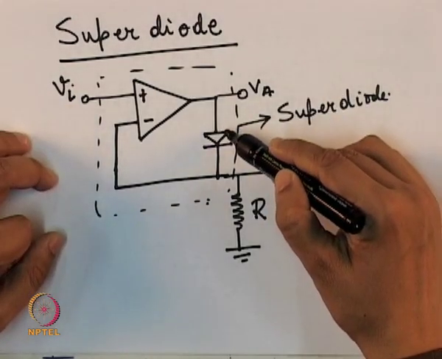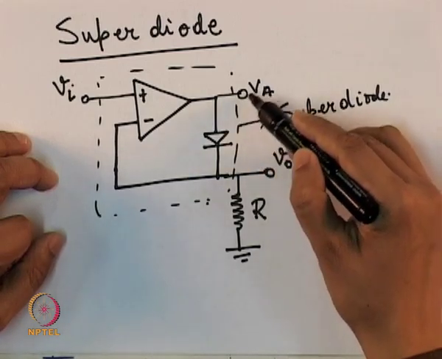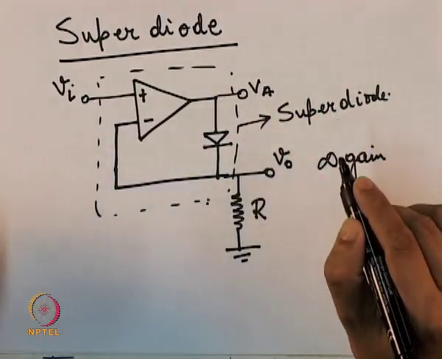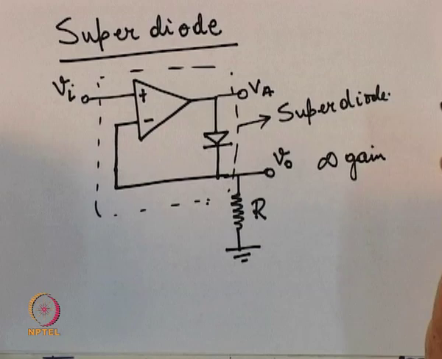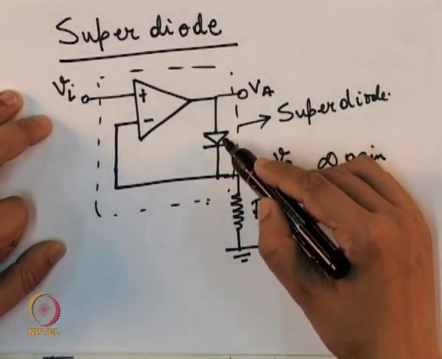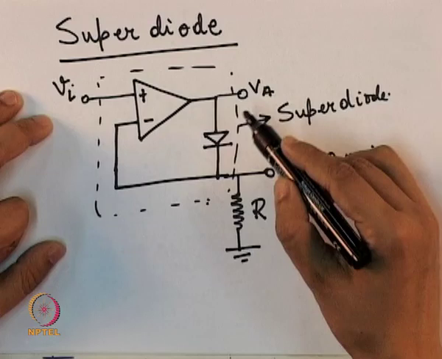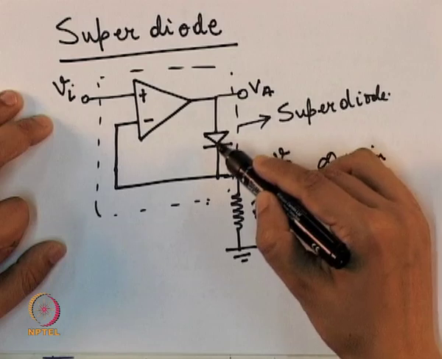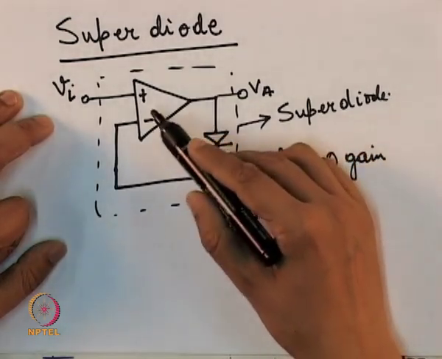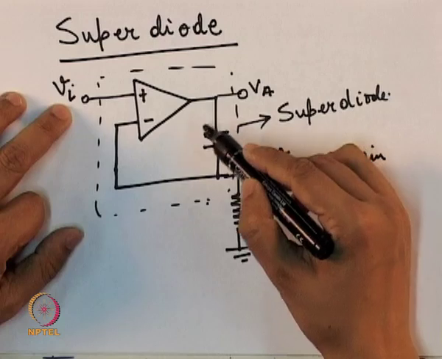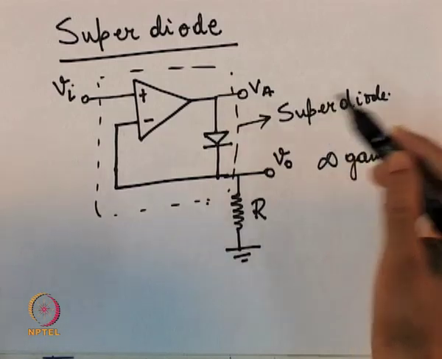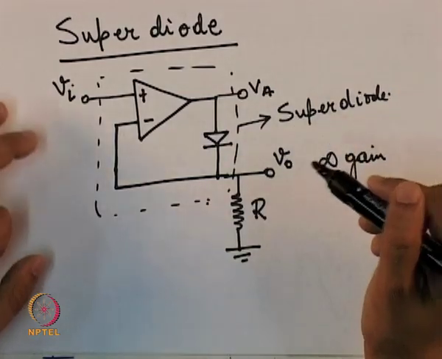The threshold voltage will not matter here, because this output VA of the op amp is very high because of the infinite gain, and that will in all cases be greater than the threshold voltage of this diode, and therefore, even for small inputs we will have this diode operating in the forward bias mode with no threshold voltage problem.